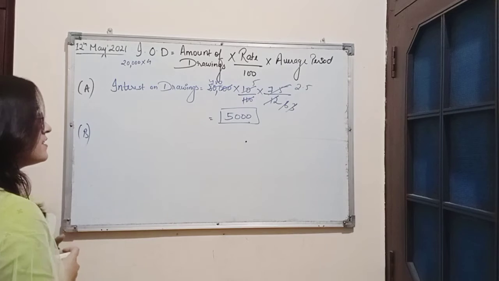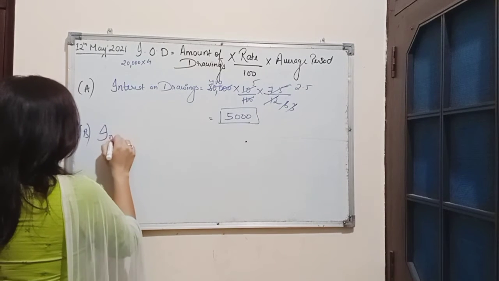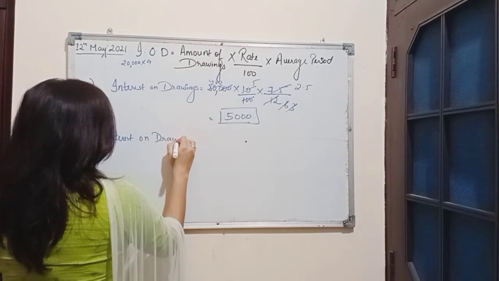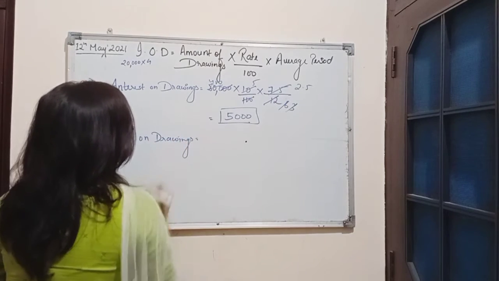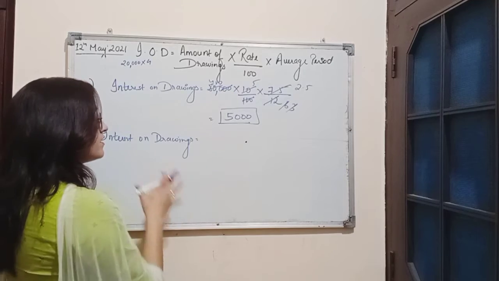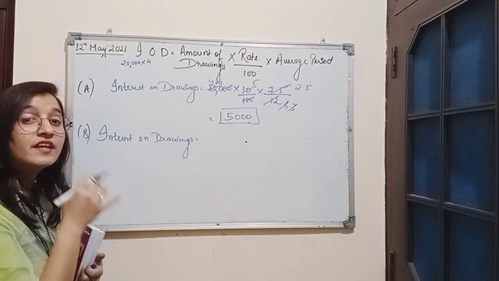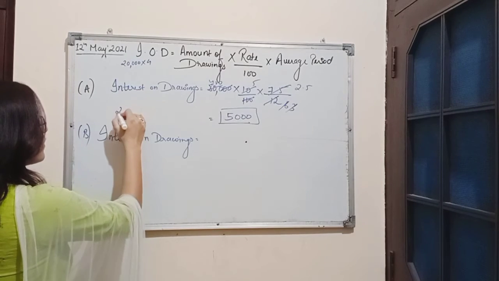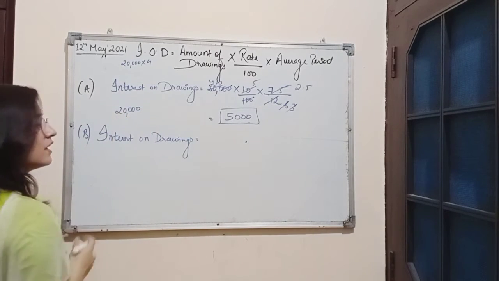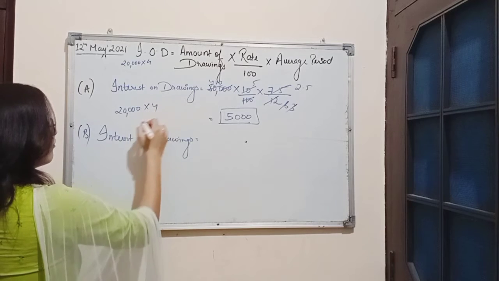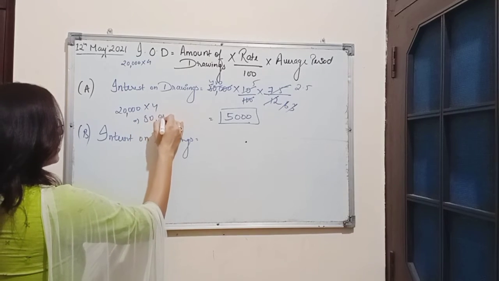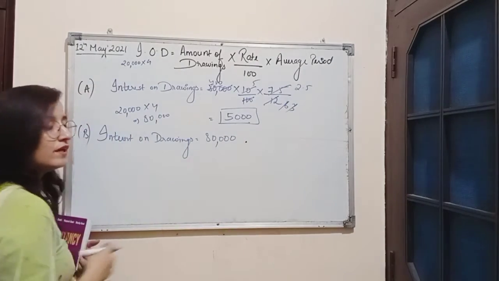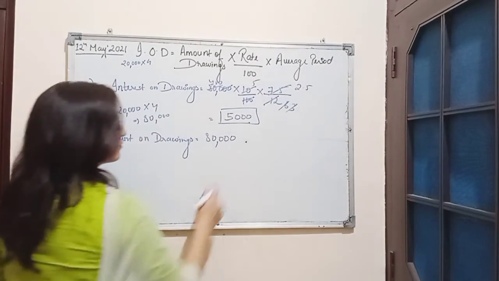In the second case, again, we'll put the value in the formula for calculating interest on drawings. So in the second case, the partner is withdrawing the amount of drawings at the end of each quarter. So he is withdrawing the amount 20,000 in each quarter. We know there are 4 quarters in a year. So the total amount of drawings withdrawn by the partner for the whole year will be rupees 80,000.